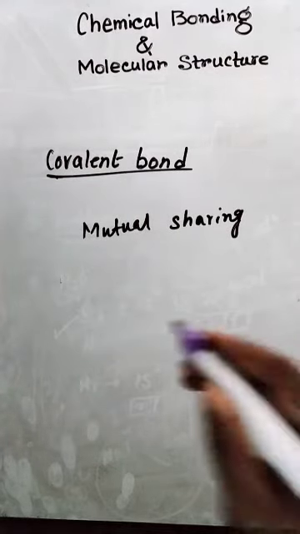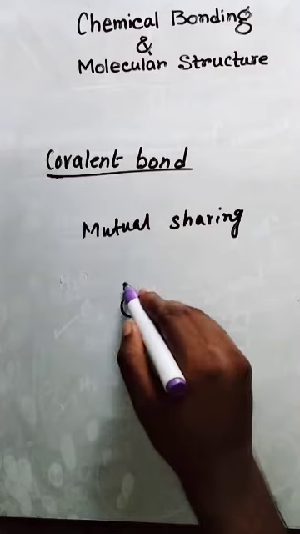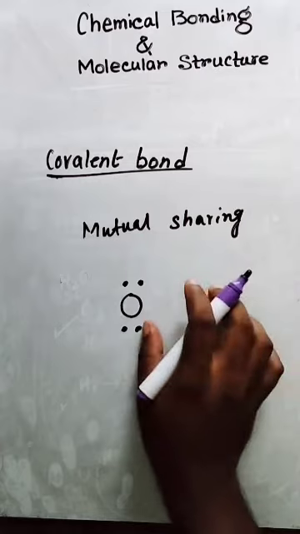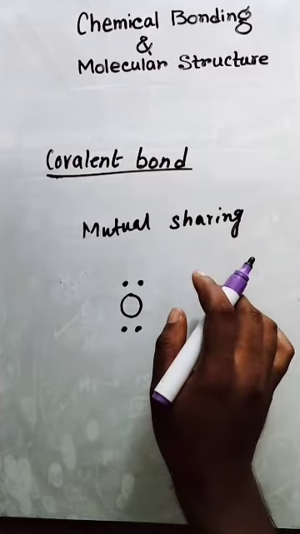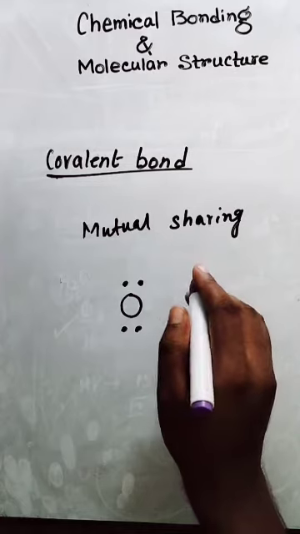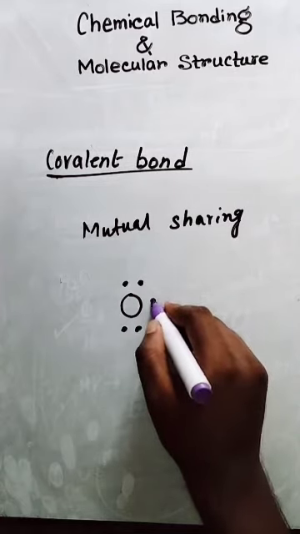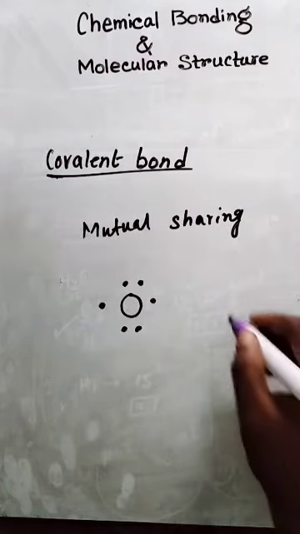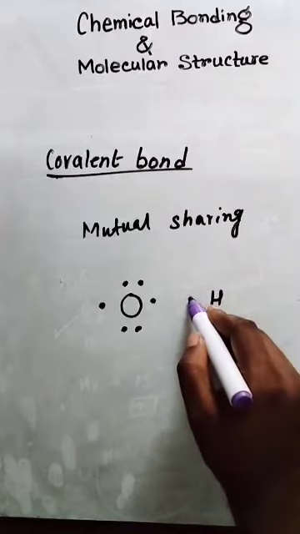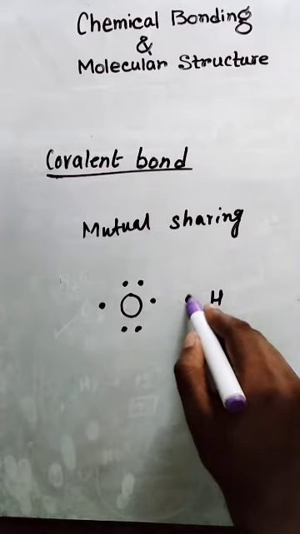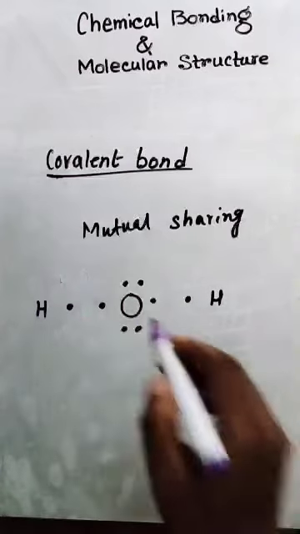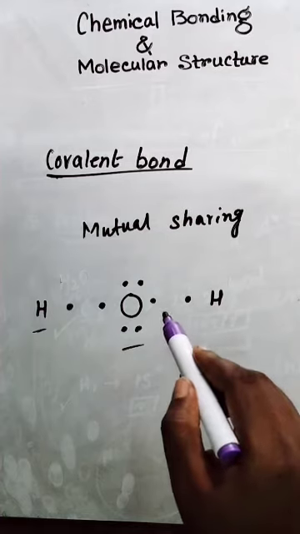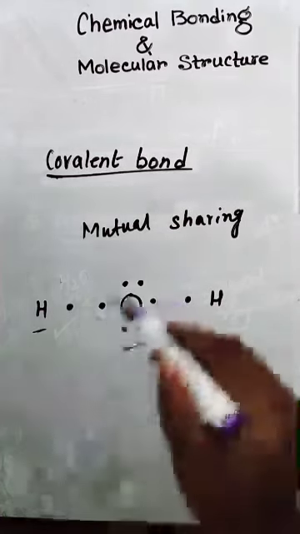So what can we do? Oxygen has 6 electrons in its valence shell, and hydrogen has 1 electron in its valence shell. So here hydrogen and oxygen share their electrons between them.